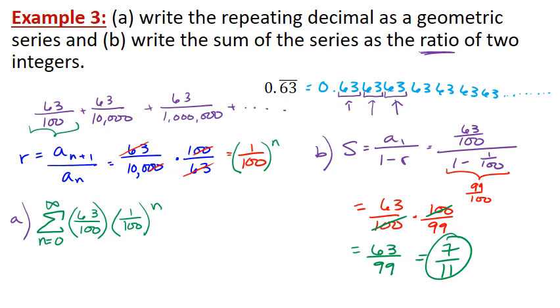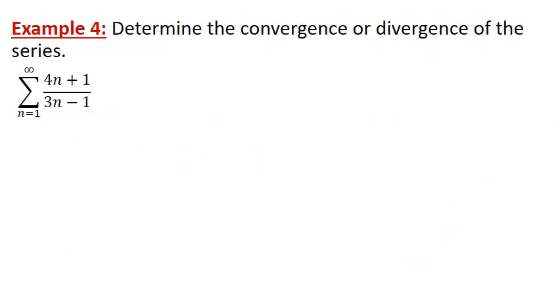I believe there are some other examples you can take a look at if necessary. Here in this example, it says determine the convergence or divergence of this series. So I want you to take a look back at theorem 9.9.